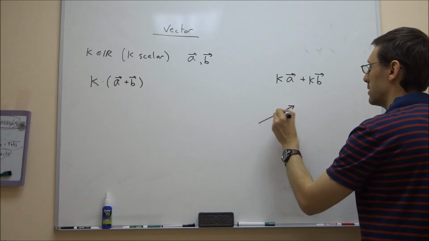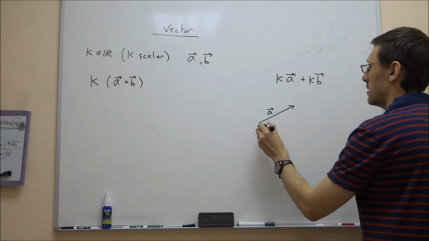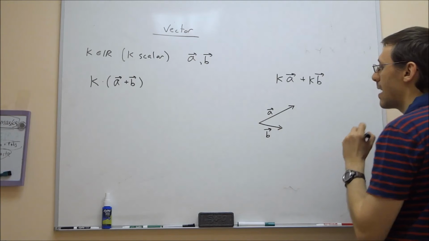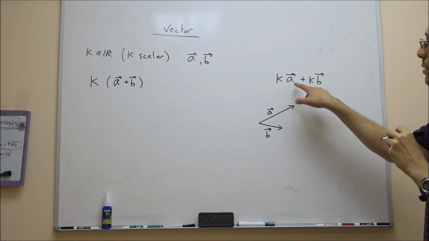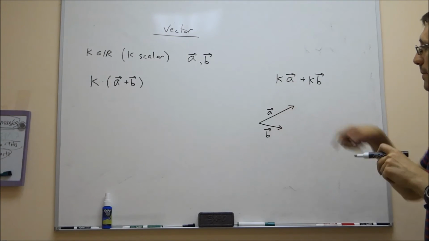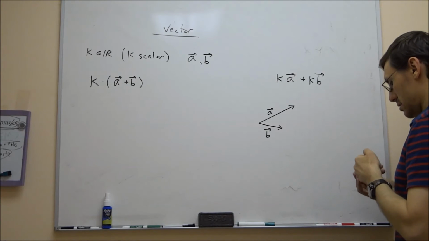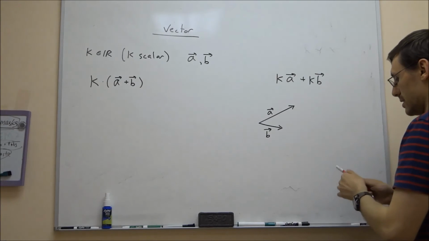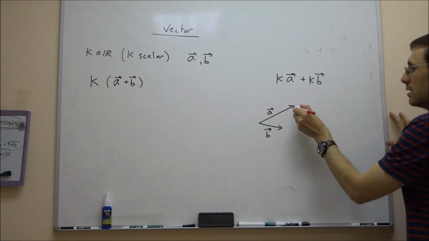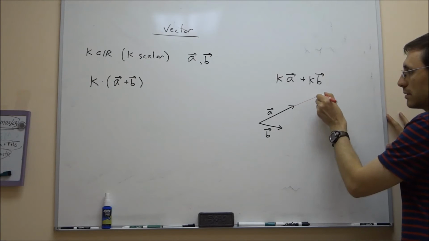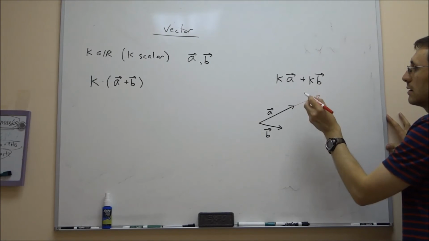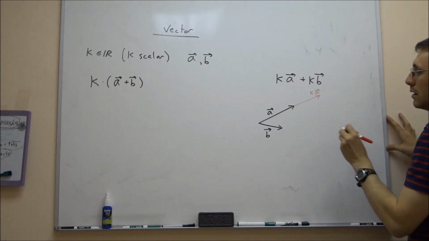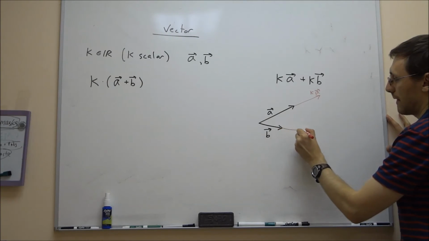So this is maybe the vector A. This is the vector B. So the first thing, when we multiply, we need to multiply A by k and B by k. So supposing that k is bigger than 1, if k is bigger than 1, then k times A is longer. Maybe something like that. And k times B is longer.